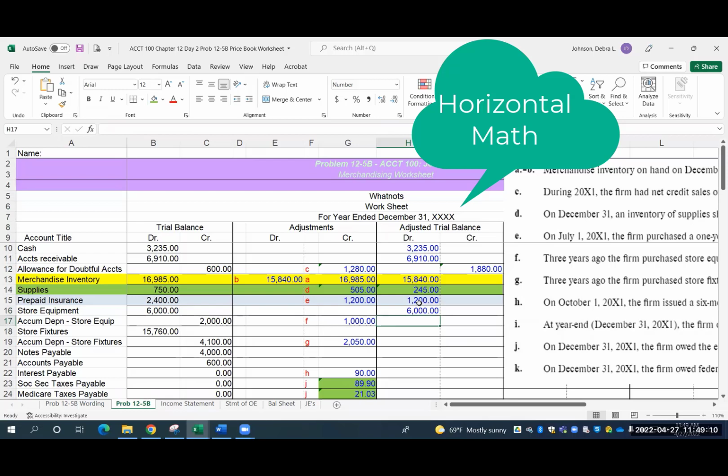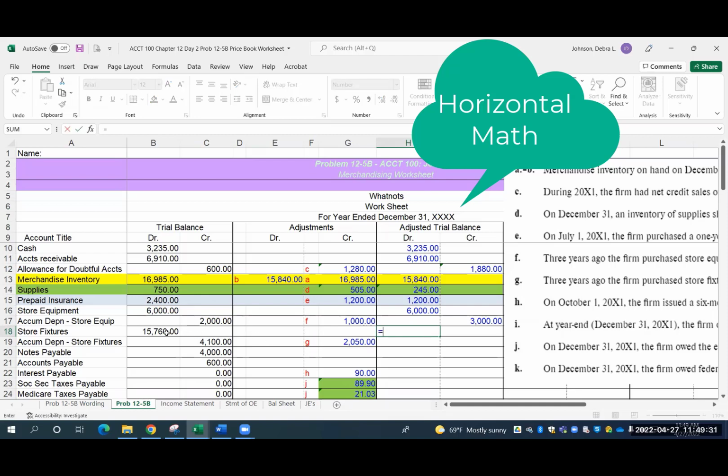Then we have to be careful because here we go with another funky contra account. All these assets normally have debits, and here's one with a credit balance. So move over to the credit column. 3,000. Store fixtures didn't change.